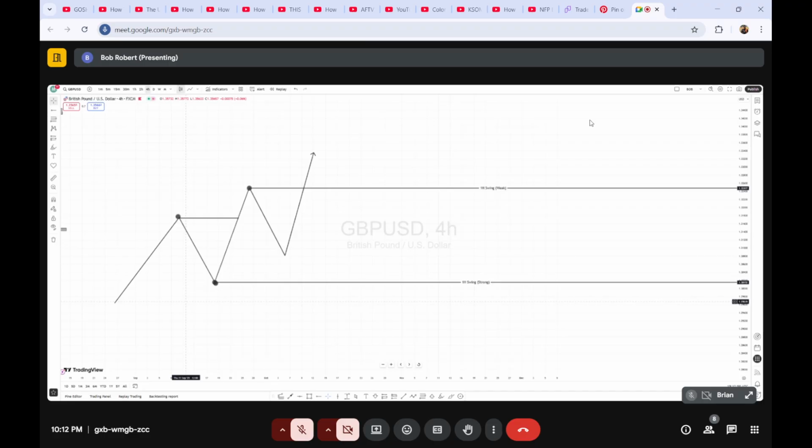Okay, that's step one. Step two, once you've established that the market, for instance in this case here, is in a bullish move, is for you to understand whether this market is in a correction phase or in an impulse.